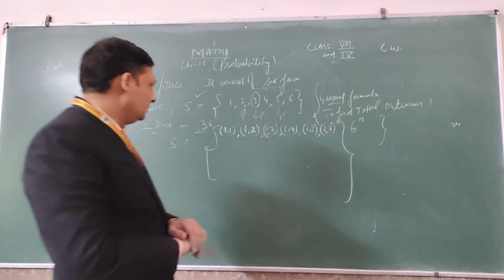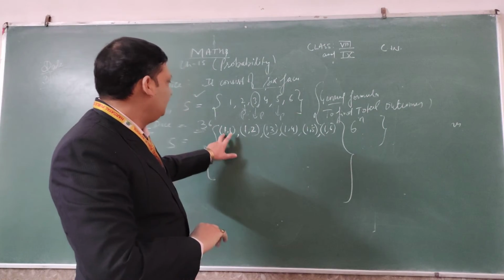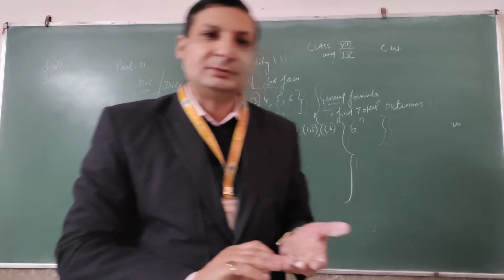So in the first row we have got 6 possible outcomes, when we keep the first face constant as 1 and the second face numbers change.